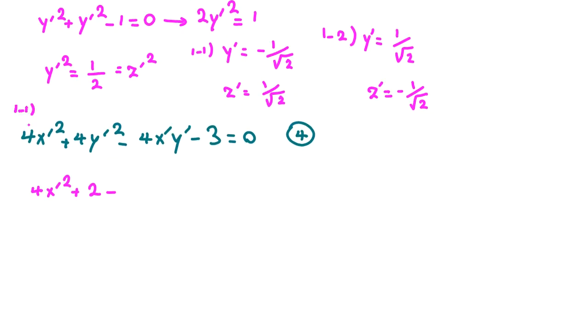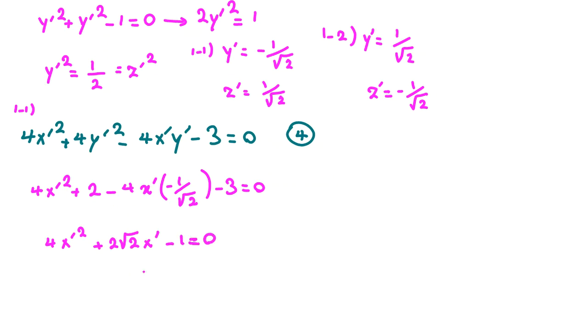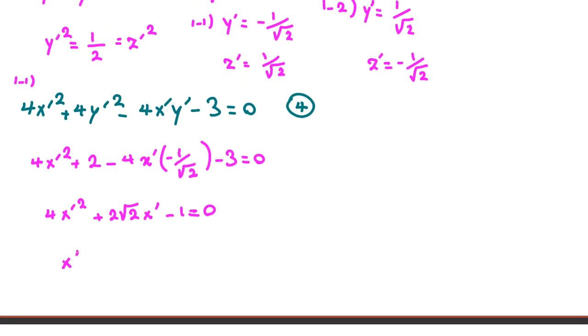So if we check case 1, here it will be minus 4x prime times negative 1 over root 2 minus 3 equal to 0. Now, here it will be 4x prime squared plus 4x prime, or we can say 2 root 2 x prime plus 2 minus 3 minus 1 equals 0. Now in this case, x prime will be what?